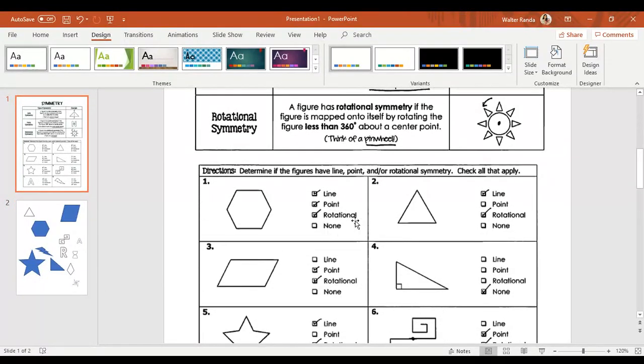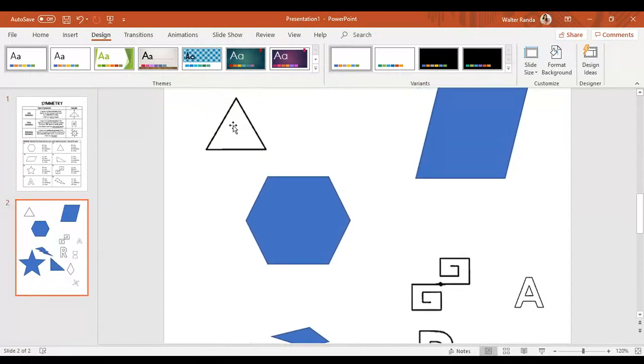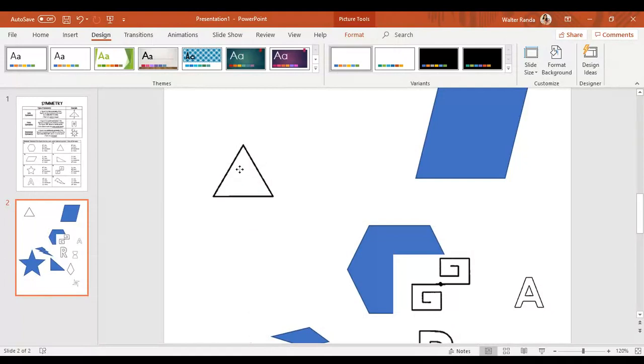So let's take a look at this triangle here. Much like the triangle above, I could fold it in half and it would be a perfect match. So it would map onto itself. Then I want to check point symmetry. When you are checking point symmetry, you're thinking, would this be the same if I rotate it so that it's upside down? So here's my triangle.